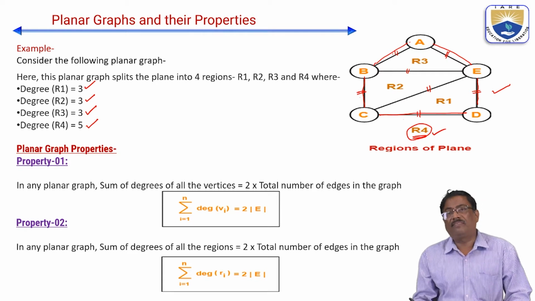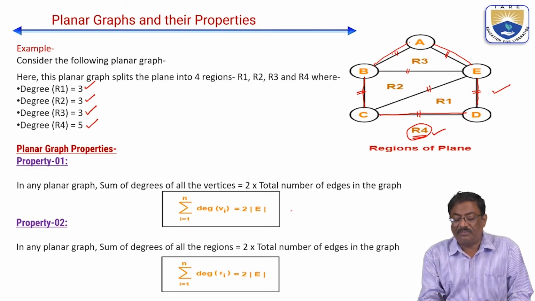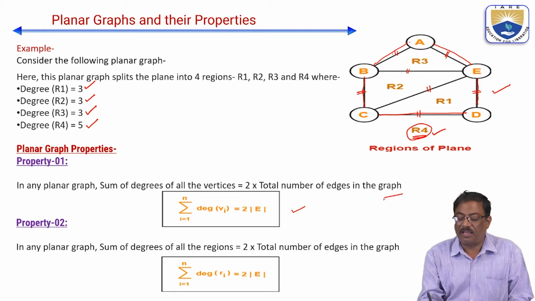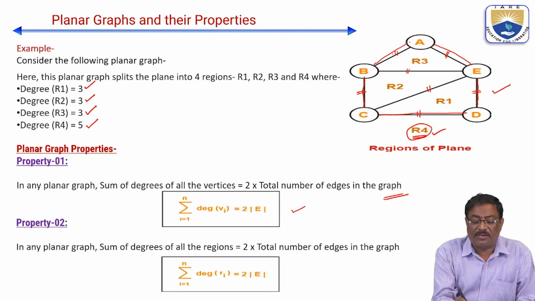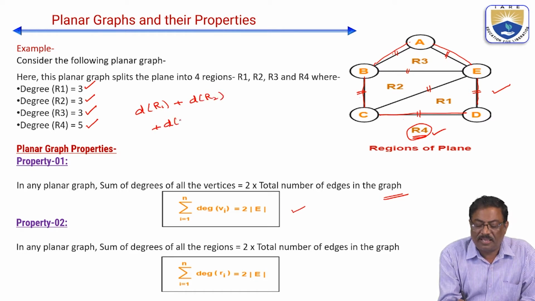Now, what are some of the properties of this planar graph? So one is, the sum of the degrees of each and every vertex is equal to 2 into the total number of edges in this graph. This is nothing but the handshaking property. And now, see here, if you are going to add all the degrees of regions, so here I am going to write degree of R1 plus degree of R2 plus degree of R3 plus degree of R4.